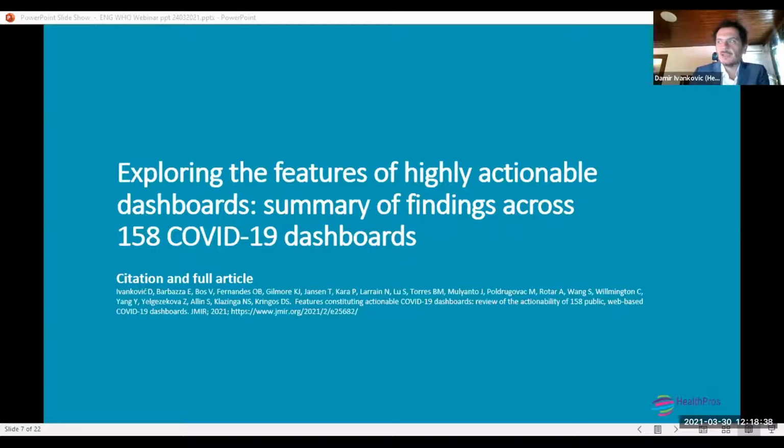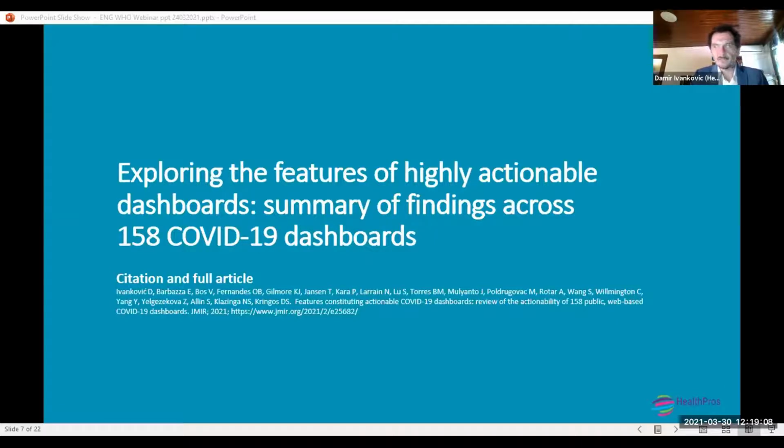The aim of this study was to explore the state-of-the-art of COVID-19 dashboards in July 2020, but also then through a series of expert nominal group process consultations to come up with a useful and meaningful list of features that constitute actionable dashboards. So dashboards that provide data that is fit for purpose and fit for use by its users.